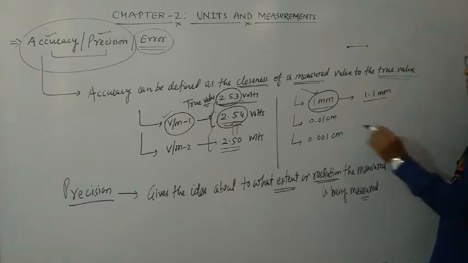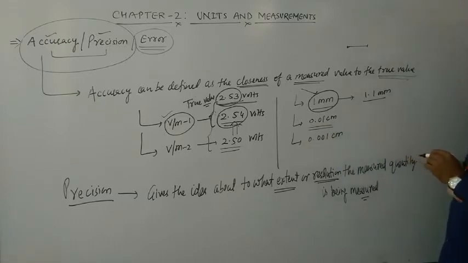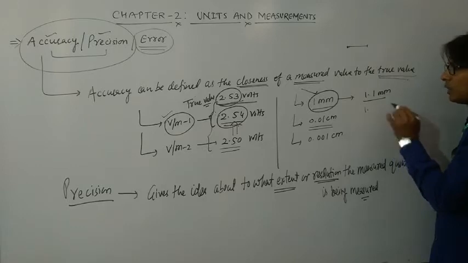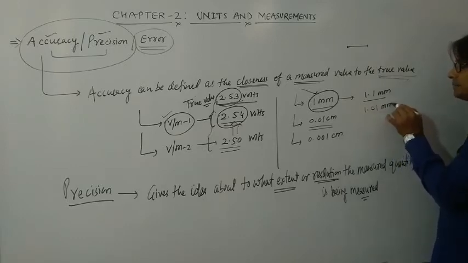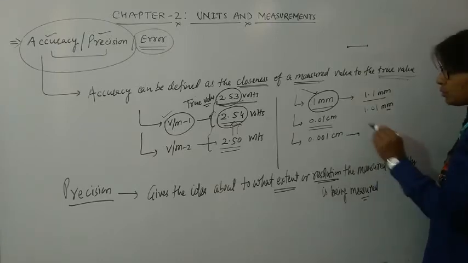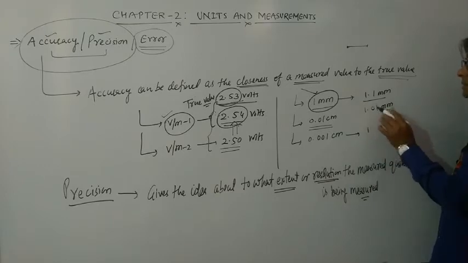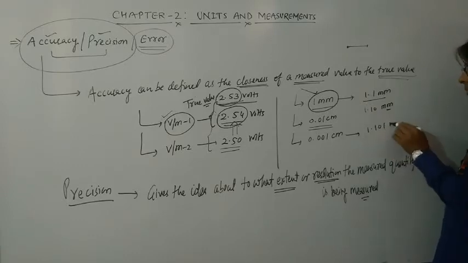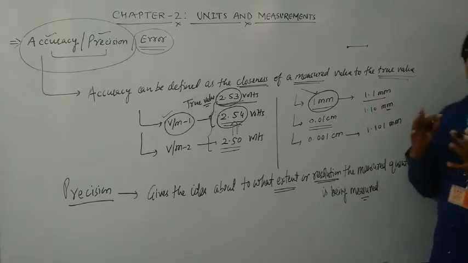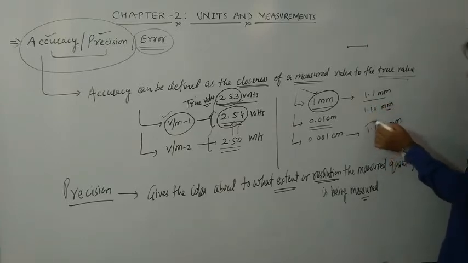Now if I measure this length with the help of a vernier caliper, it can be expressed as 1.01 mm. Now if I measure the value with the help of a screw gauge, suppose it comes out to be 1.101 mm. So if I ask you which value is more precise, you will say definitely this value is more precise.